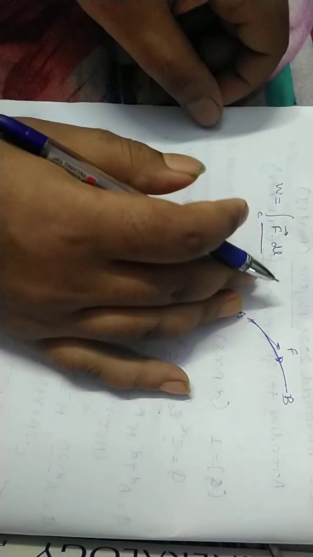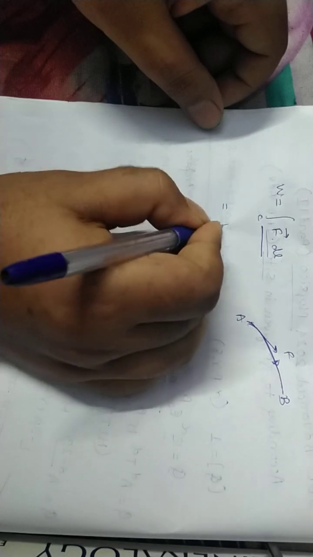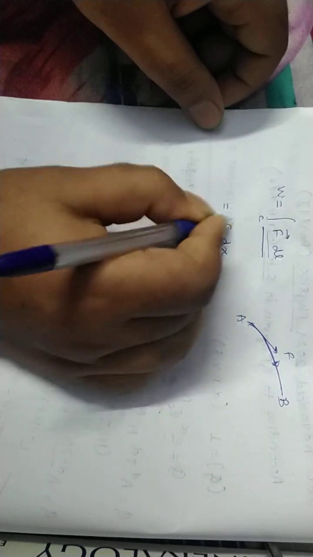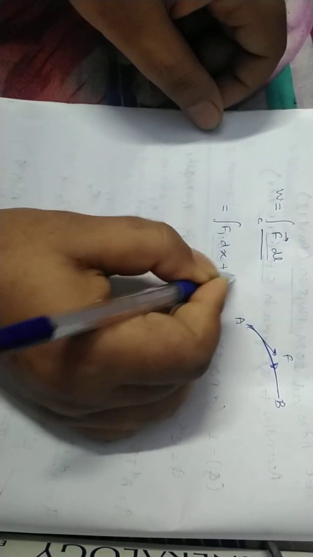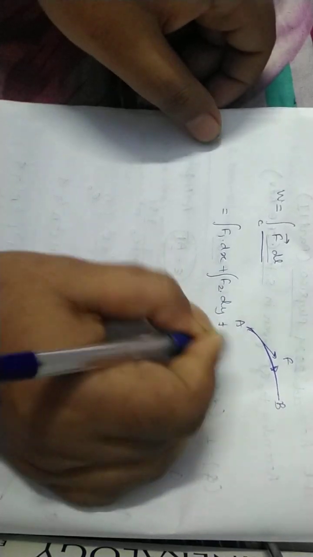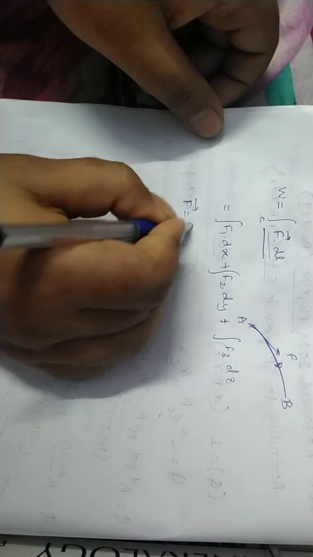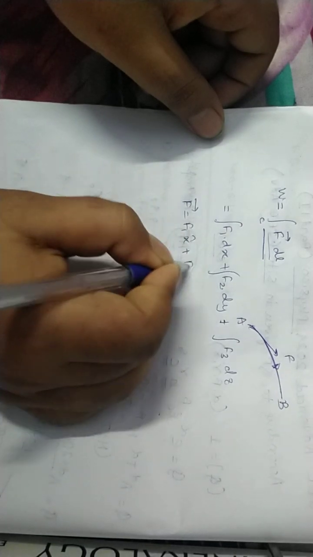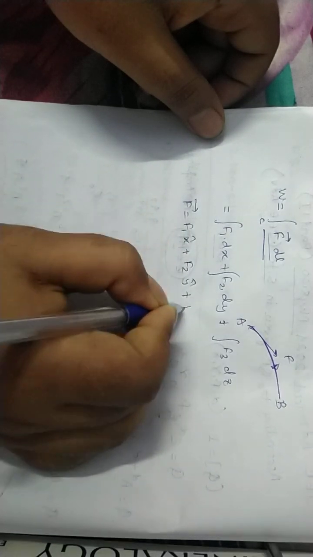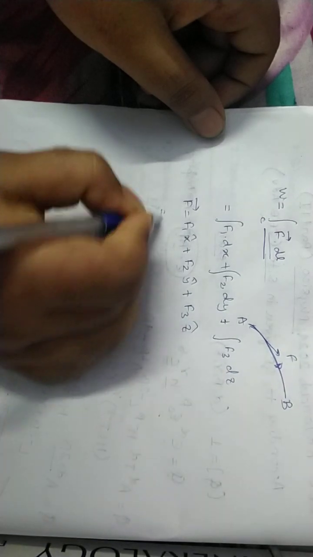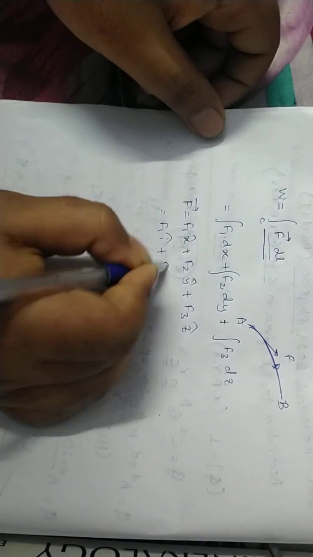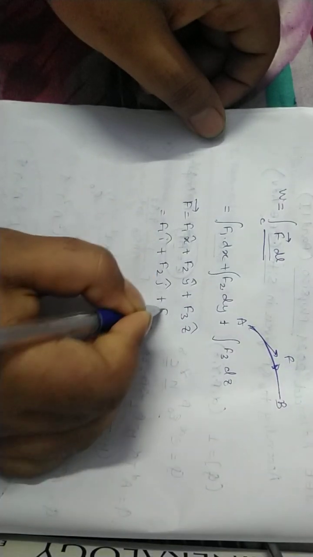Now here also similarly we have to integrate this along the path. So for work done we can find the component f1 into dx plus f2 dy plus f3 dz, if F has the components f1 i, f2 j, f3 k.